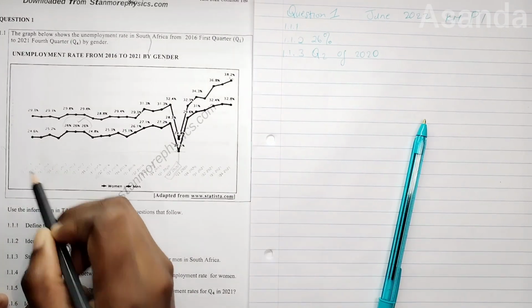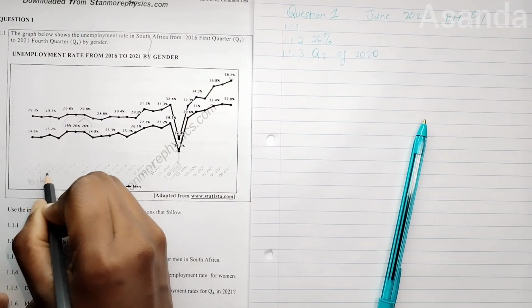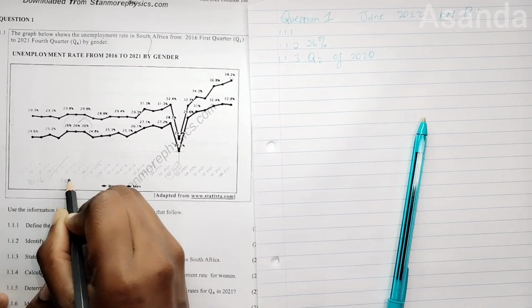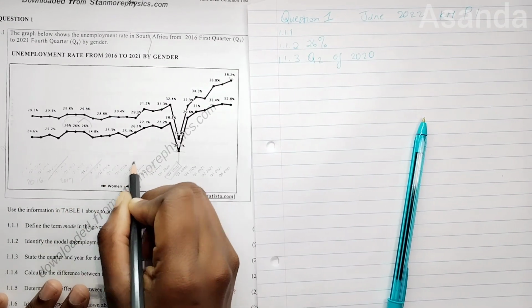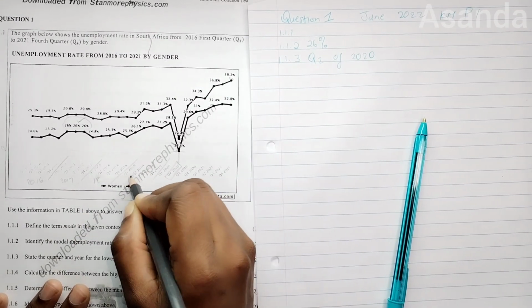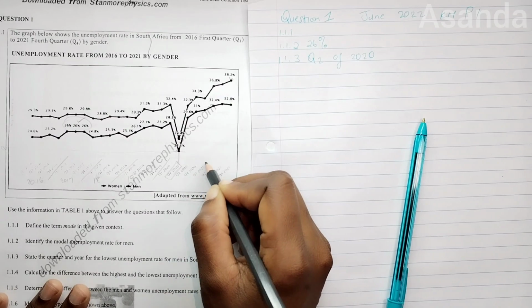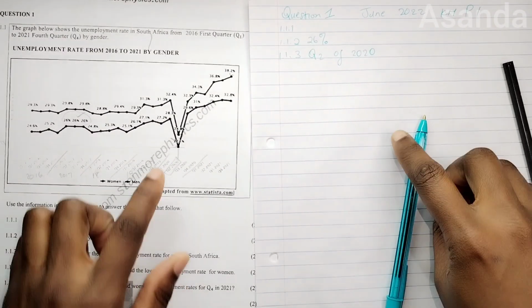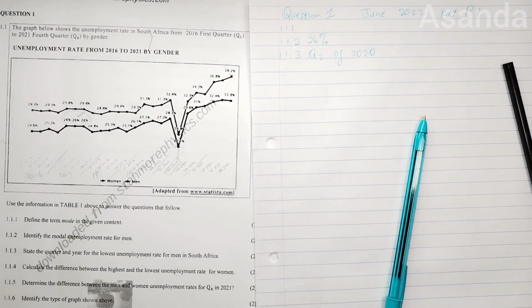Anyway, 1, 2, 3, 4, that's 2016. 1, 2, 3, 4, that's 2017. 1, 2, 3, 4, that's 2018. And 1, 2, 3, 4, 2019. And 1, 2, 3, 4. So yes, it is 2020. All right, we can move on from that.